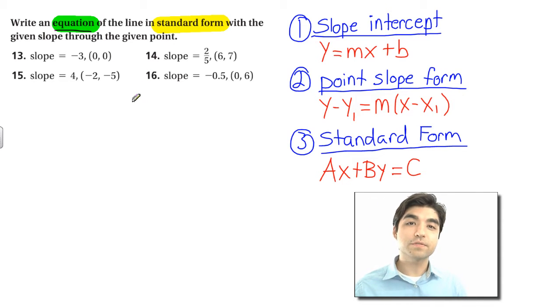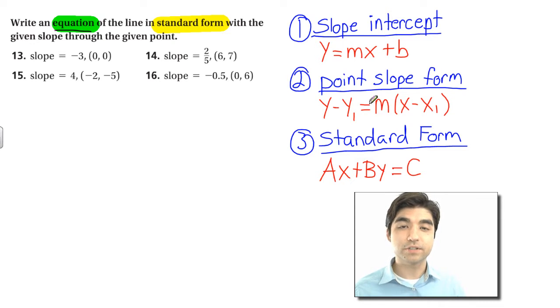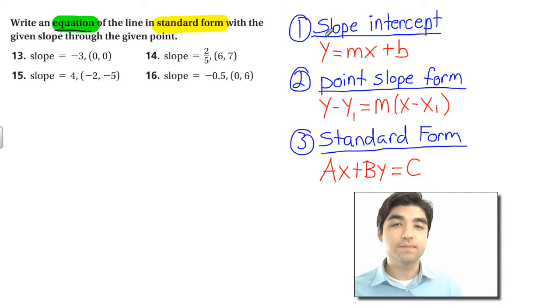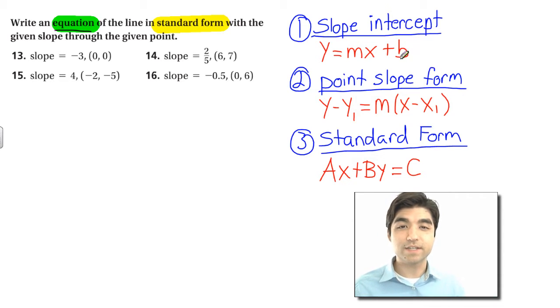Okay, so first of all, you need to know these three types of linear equations. You should probably write these on the note card if you don't have these memorized. The slope-intercept is the first one, and that's in the form of y equals mx plus b. The m is the slope, and the b is the y-intercept.